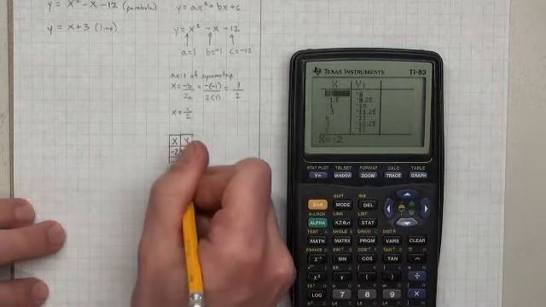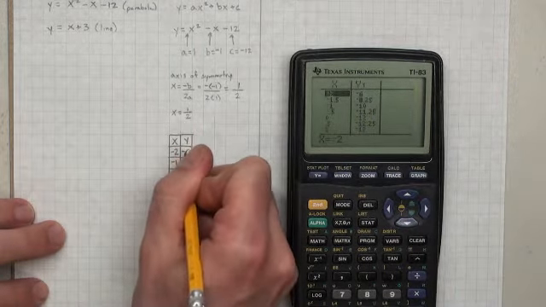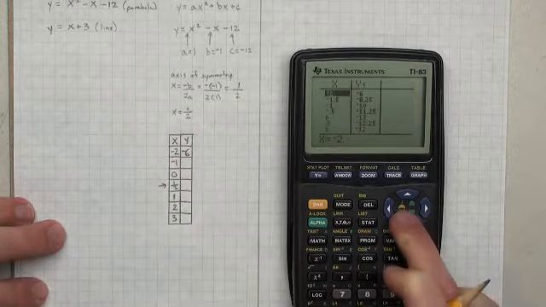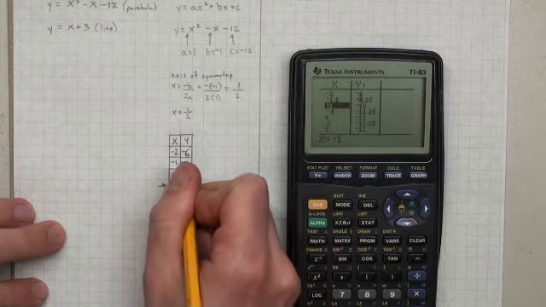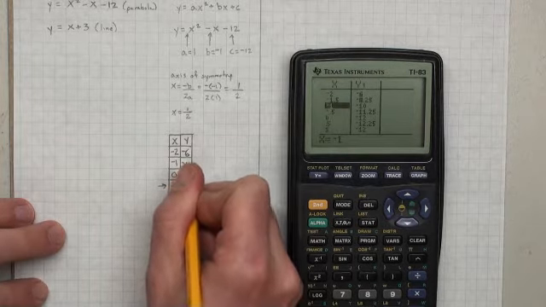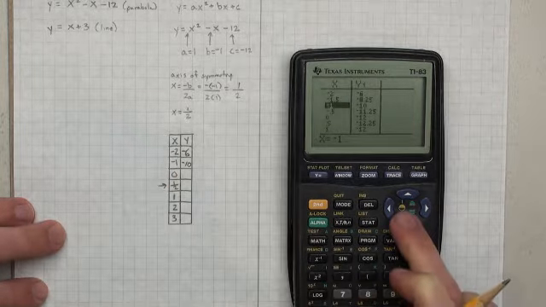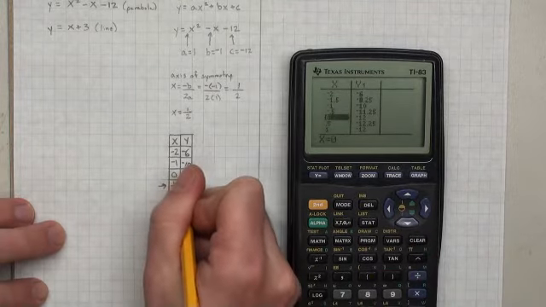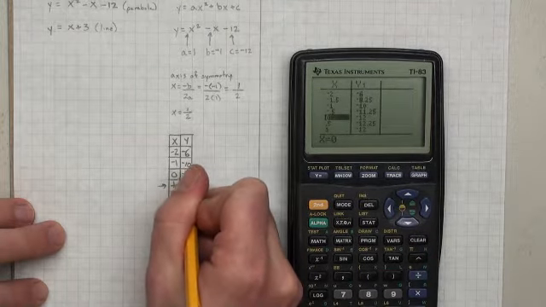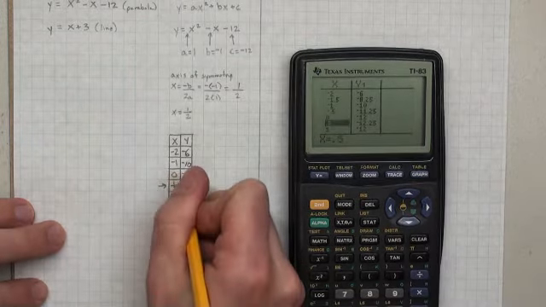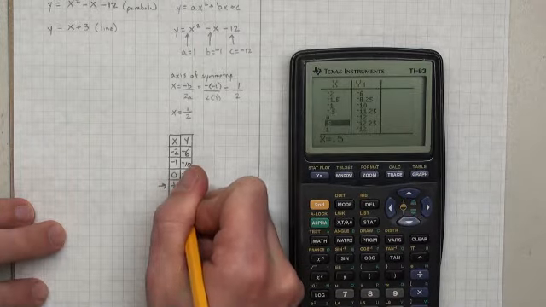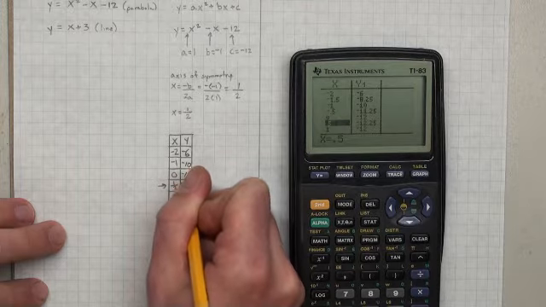So at -2 we're -6. At -1 we're -10. At 0 we're -12. At 1/2 we're -12.25. So I got to squeeze that in here.